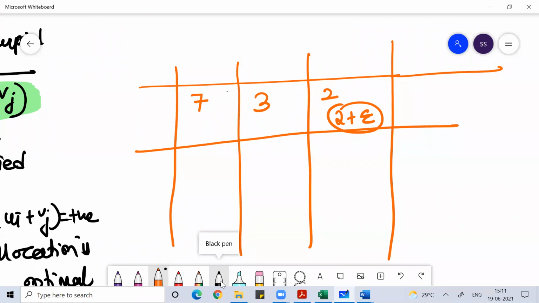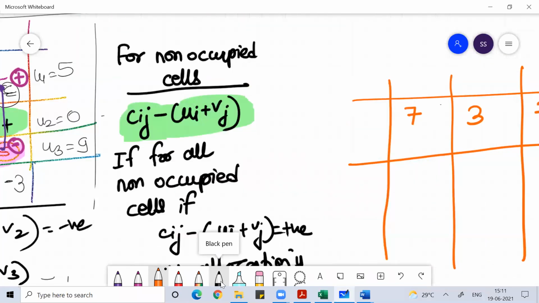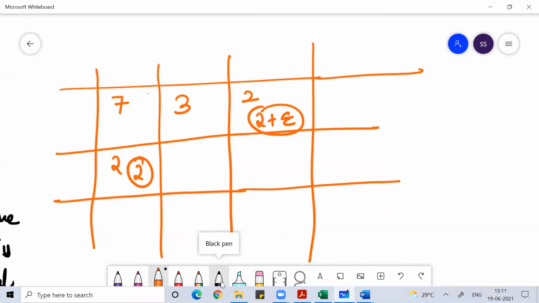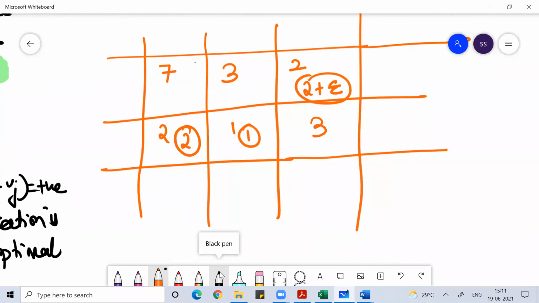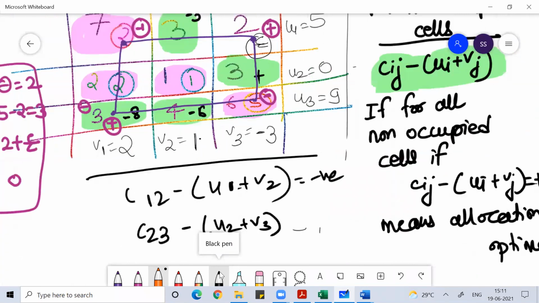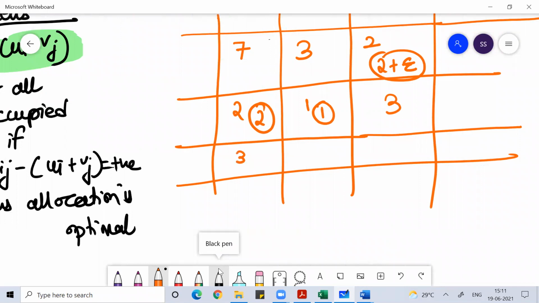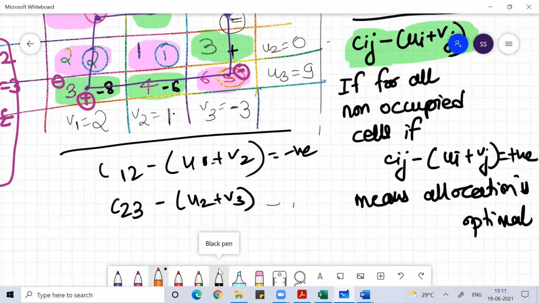Then 2, 2. Then 1, 1. Then 3, 3, and the allocation of this theta would be equal to 2.